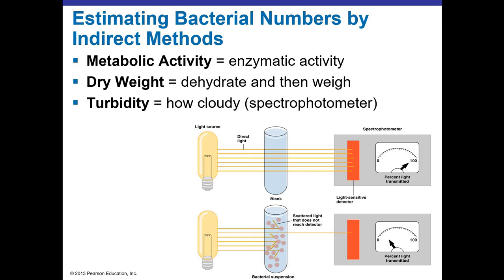However, if you have a bacterial culture, as the light tries to go through, it's going to hit the bacteria and scatter. So very little light is actually going to go through the culture to be detected by the light-sensitive detector. Therefore, the percent transmittance is going to go down. The more bacteria, the lower the percent transmittance, and this way this can be correlated with the amount of bacteria within that culture.